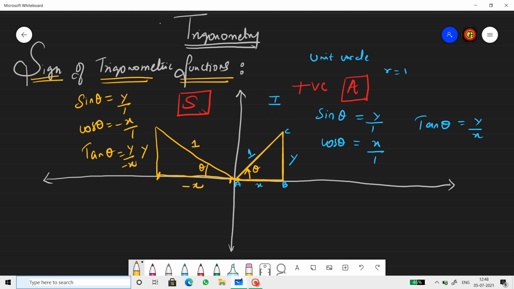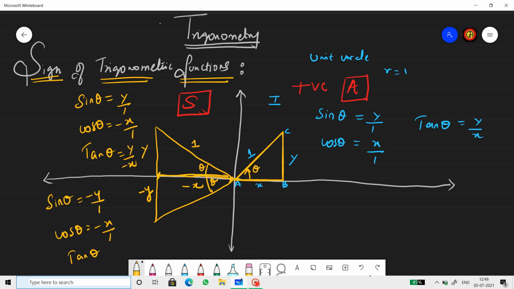Now let's consider the right angle triangle is in the third quadrant. Theta is here, this is minus x and this one is minus y. So sine theta here will be minus y by 1. Cos theta will be minus x by 1.